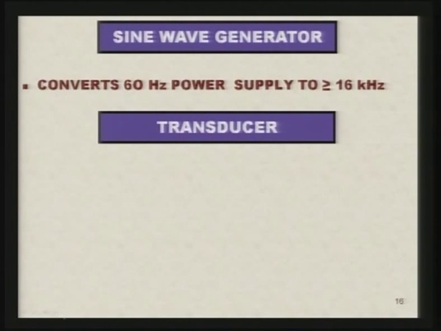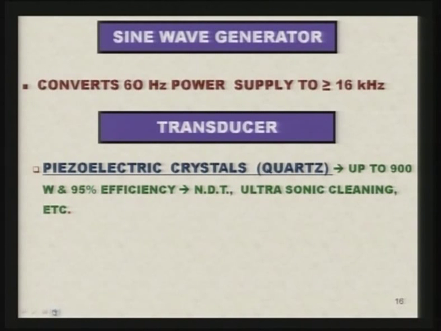Sine wave generator normally converts 60 hertz power supply, which we normally have in the labs as well as the houses, into the frequency having more than or equal to 16 kilohertz. For the transducer, there are piezoelectric crystals which can have the power up to 900 watts, and the efficiency in this particular case is very high, that is 95% efficiency.